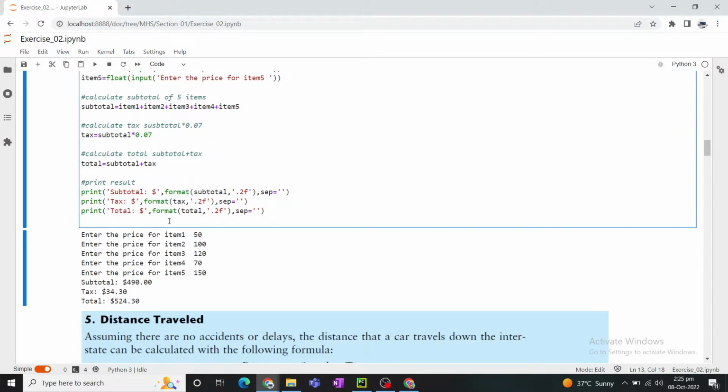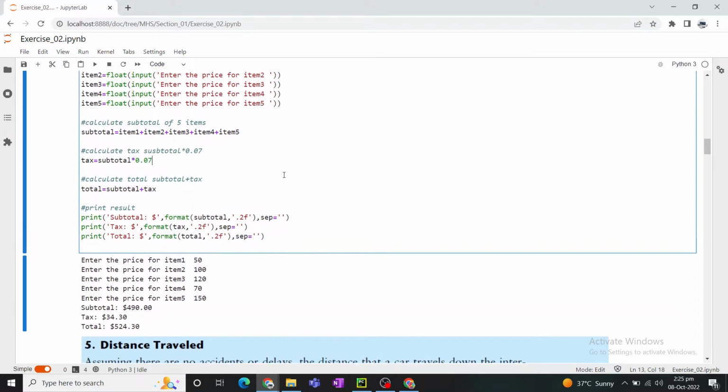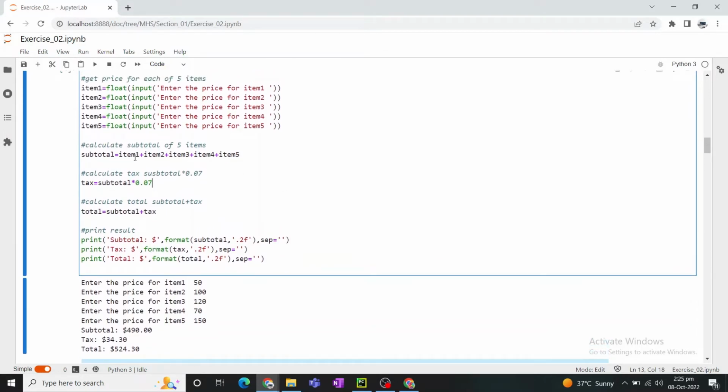All right, so the tax amount was 34.30, and the total gross amount including tax that we obtain over here is $524.30.